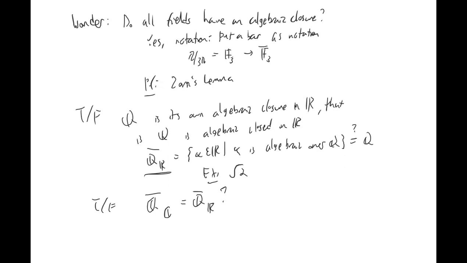Obviously, from here, it's false, right? But also, is it equal to R? This is also false, because pi is transcendental. There are things in R that are not algebraic. So you see that Q bar is in between Q and R.